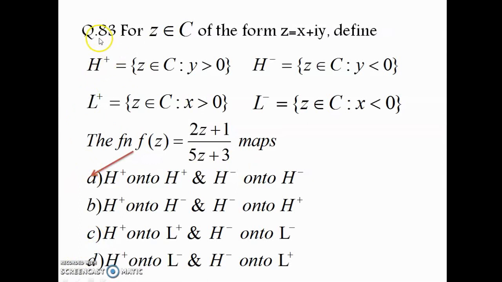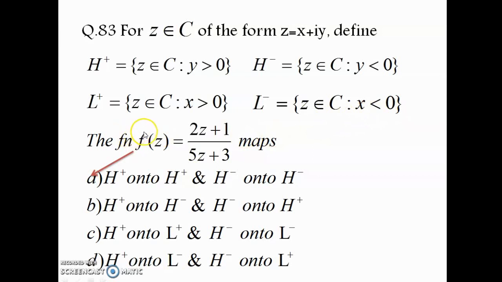So next question 83. For z element of C of the form z is equal to x plus iy, define H plus is equal to the set of z in C such that y greater than 0, H minus is equal to the set of z in C such that y less than 0, L plus is equal to the set of z in C such that x greater than 0, L minus is equal to the set of z in C such that x less than 0.